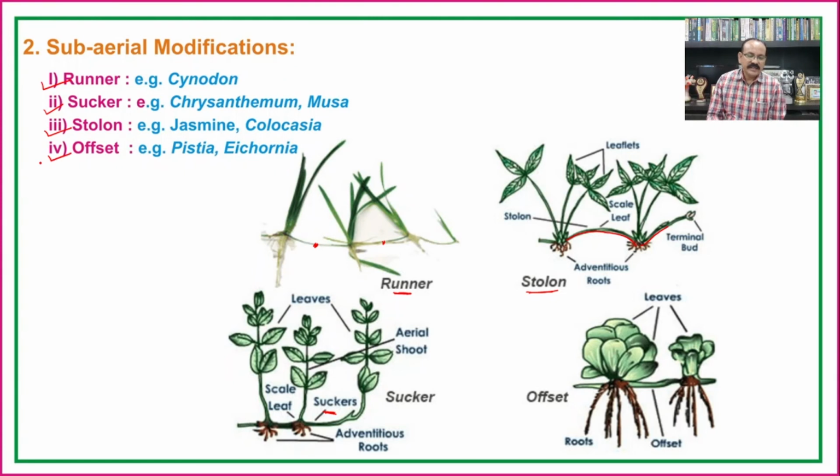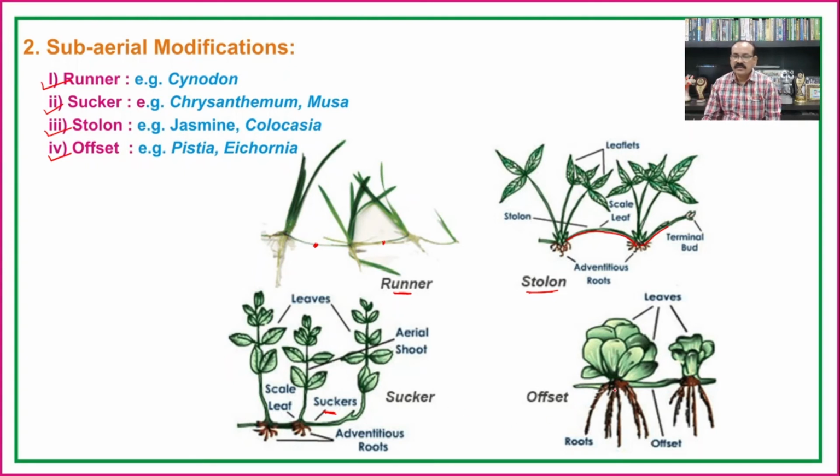Then the offset, it is a short runner with one internode long. It originates from the leaf axil and grows as a short horizontal branch. It produces a rosette of leaves above and adventitious roots below.